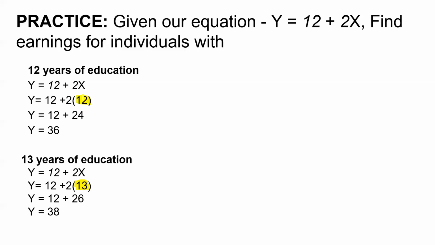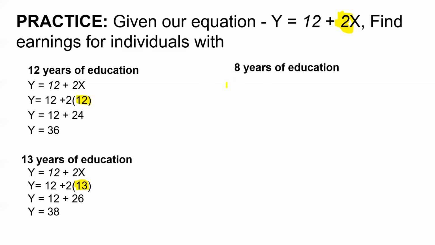And we can see that 1 year of education difference between 12 and 13 added $2,000 to the person's income. So that's what this is telling us. This value here is telling us that for every change in X, we get a 2-unit change in Y, right? So we add 2 to Y.